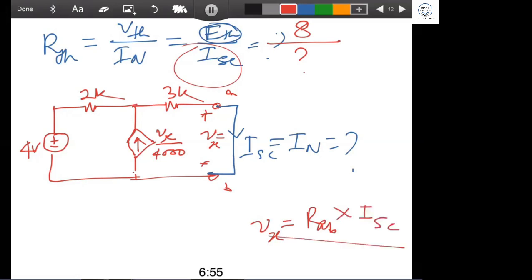The voltage Vx will be the resistance into current. Current is I short circuit, and the resistance is RAB. What is the resistance between the AB terminal if I short it? Do you get my point? If these two terminals are shorted, the resistance is infinity.